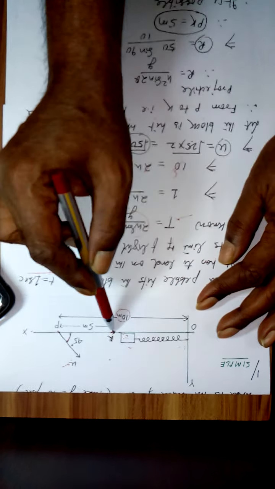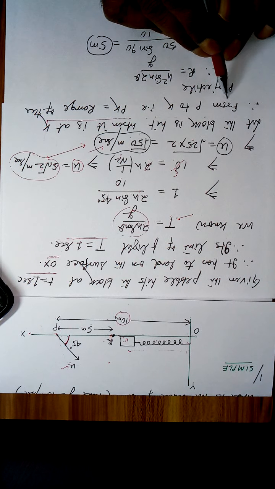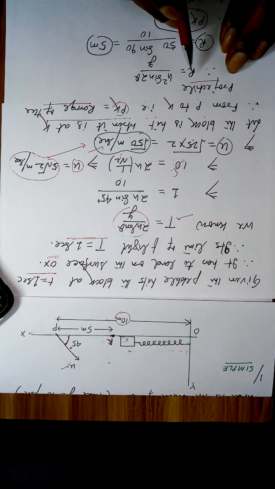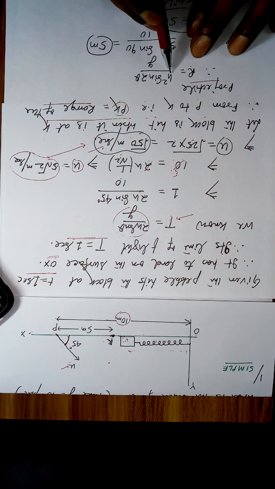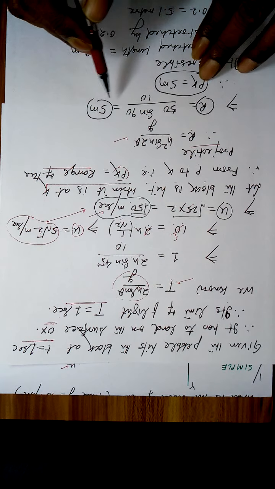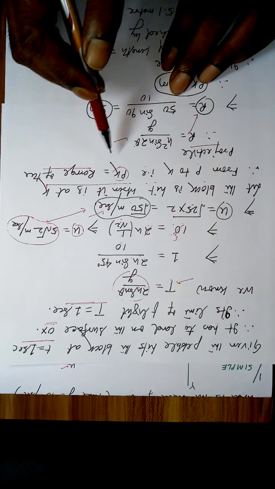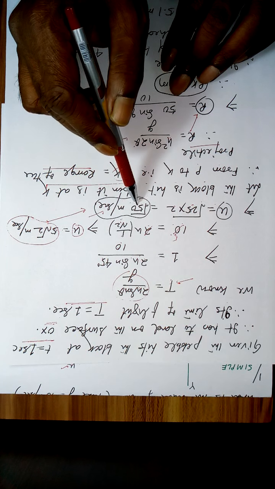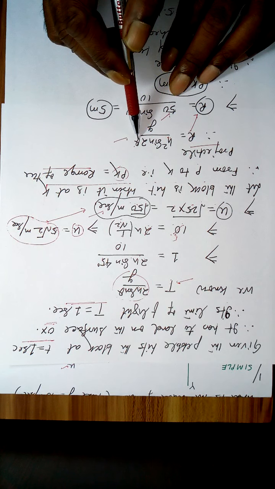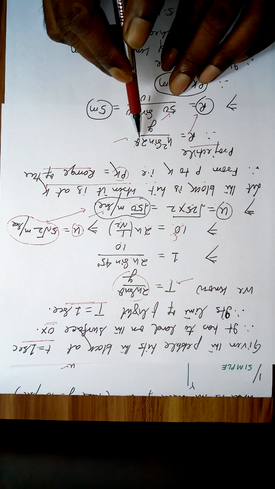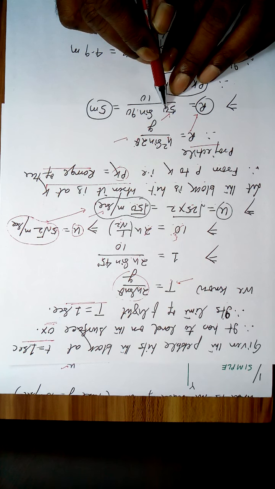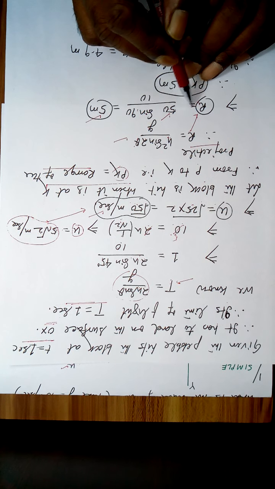Therefore, the distance PK is the range of the projectile. And the expression for range we know, u square sin 2 theta over g. So let us put the values. We have just found out u, that is square root of 50. In the expression it is u square, so square of this is 50. Theta is given 45. 2 into 45, 90. Sin 90 is 1. So 1 into 50, 50. 50 over 10 is equal to 5 meter. So the range is equal to 5 meter.